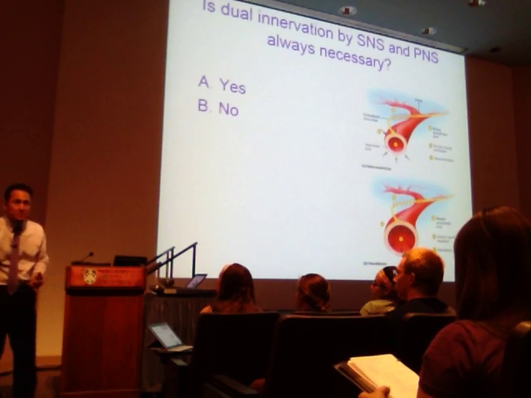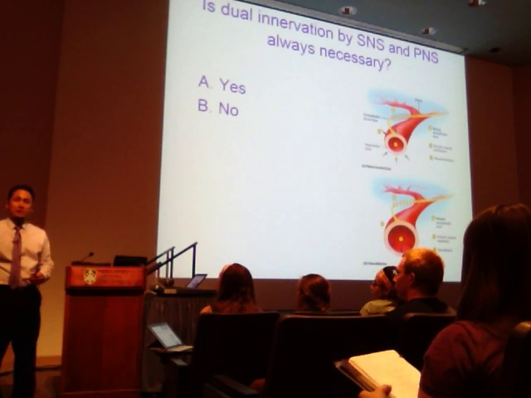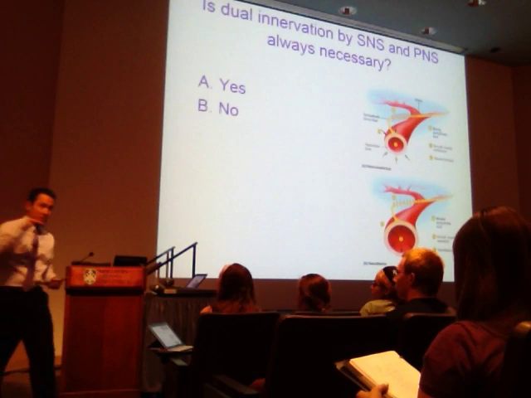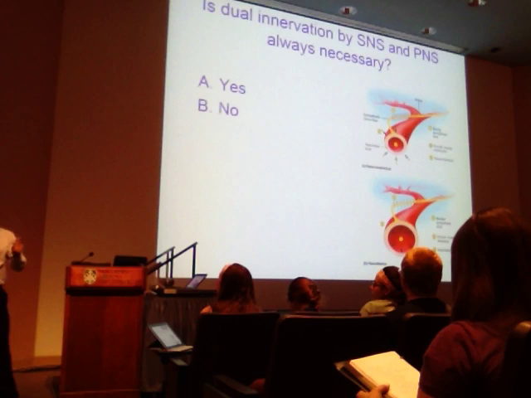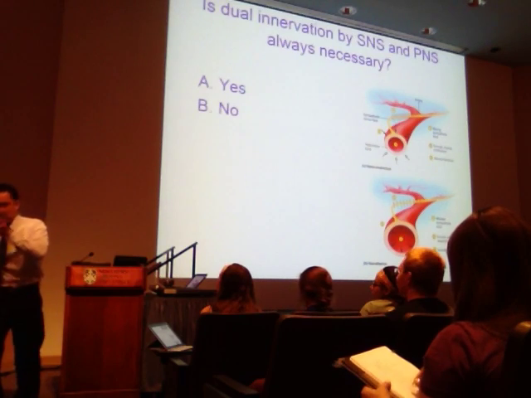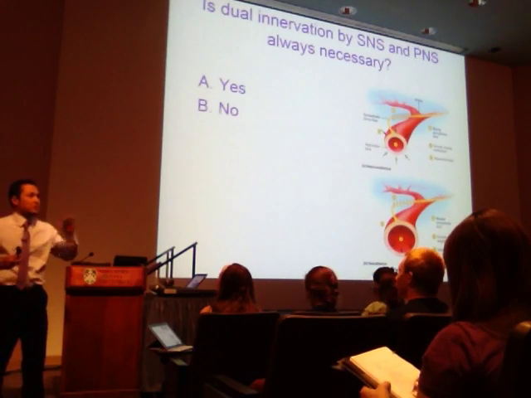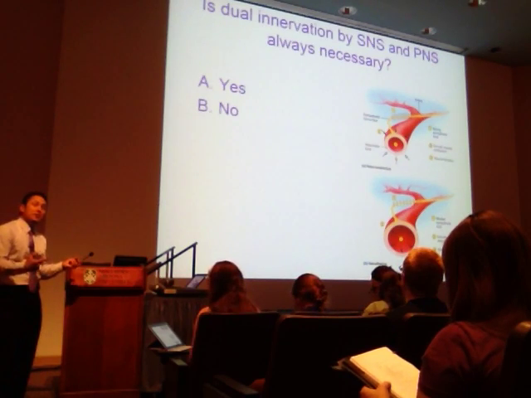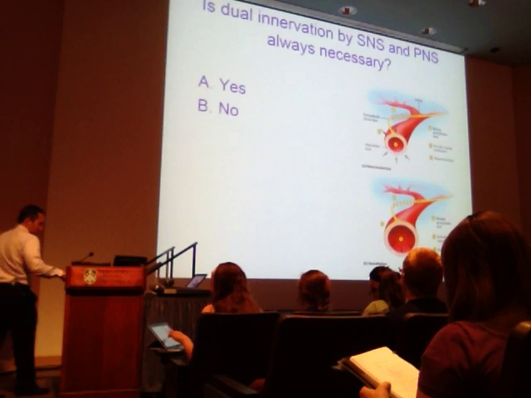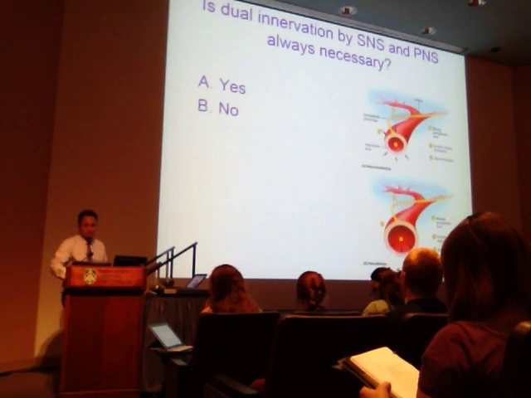You could downshift, right? You could actually just take your foot off the accelerator and slow down. So that's this example. It's not as fast and as rapid. And so with the eye, we want to be able to focus and bring in light in very different conditions quickly. So this one doesn't happen as quickly, but you can do it with just sympathetic innervation. You don't need dual innervation.